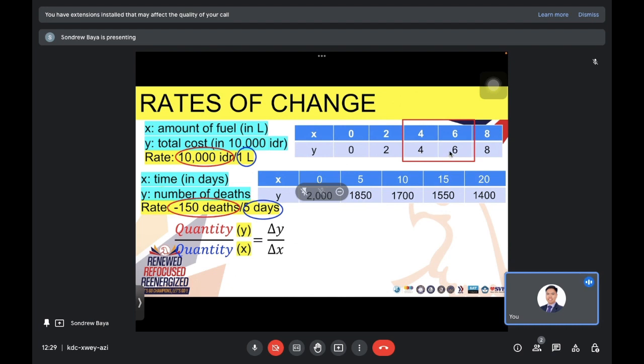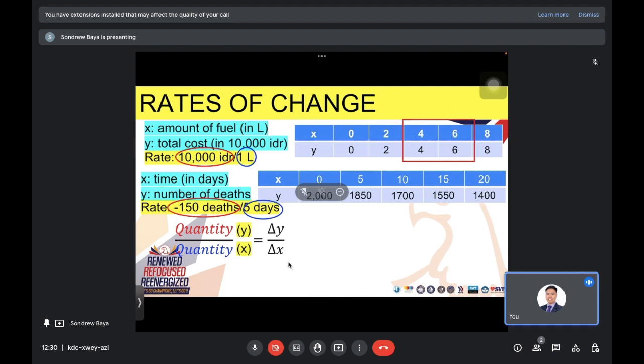That's how the y changed from 40 to 60,000. That is every 2 liters of oil that you avail. So of course, your x also here changes by 2 liters. Here we can see that your y changes by a certain amount due to the fact that your x changes as well.